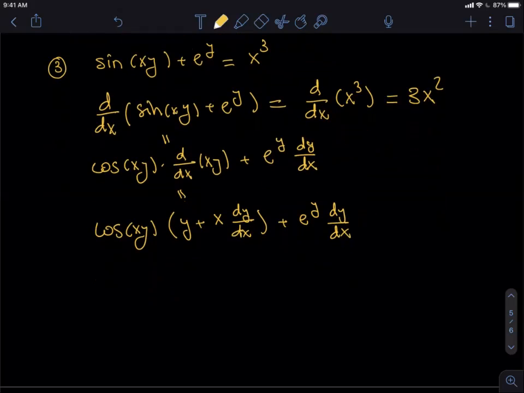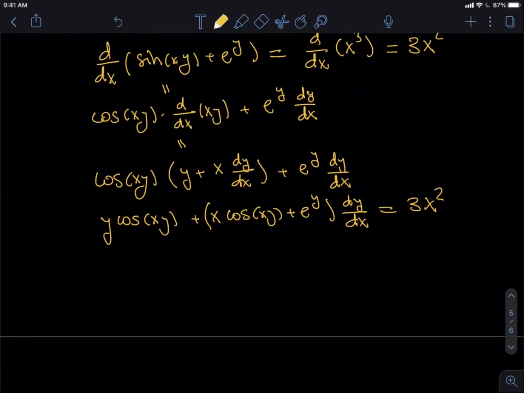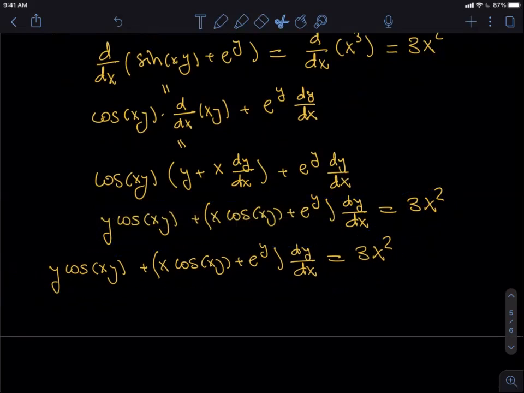And this is it. So here, let us collect like terms. So this is (x cosine of xy plus exponential of y) dy/dx, plus y cosine of xy, equals 3x squared. We can pass the y cosine of xy to the other side, right?